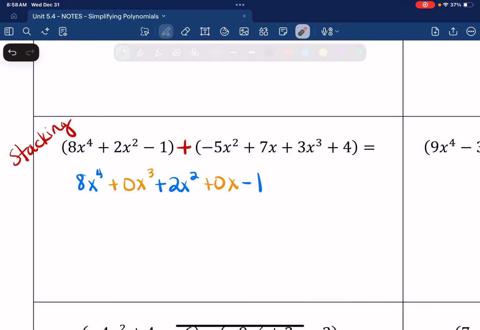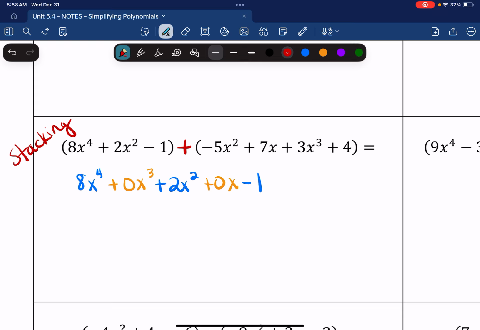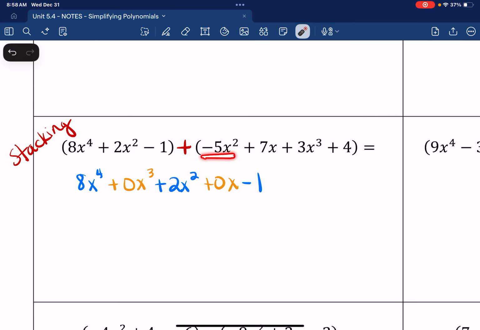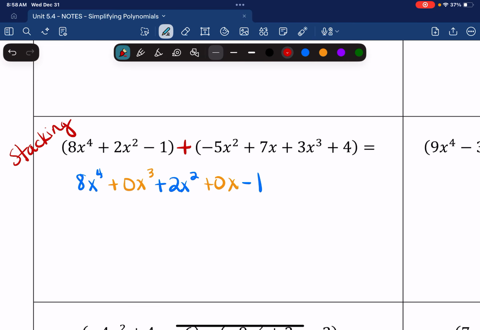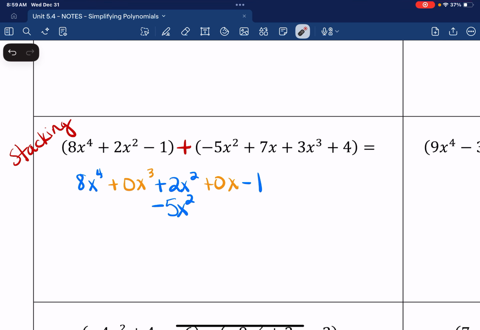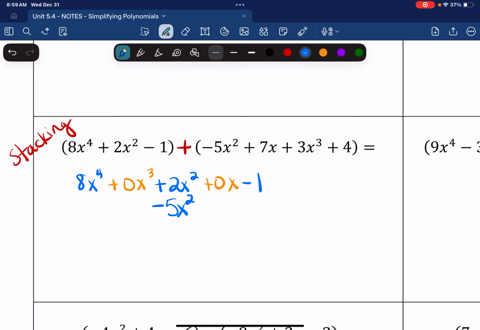So let's start with our minus 5x squared. I'm going to place that underneath my x squared term. So minus 5x squared. Then I have plus 7x. Okay, so I'm going to put that under my x term, so plus 7x.